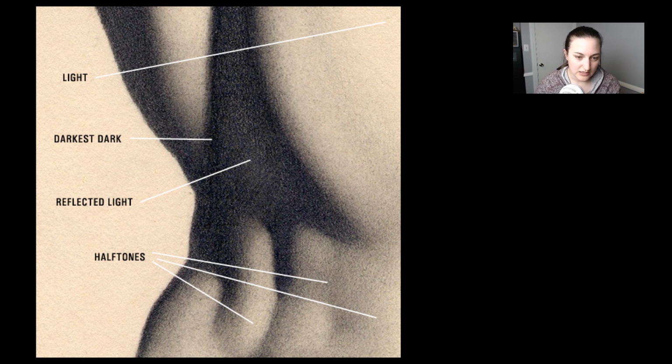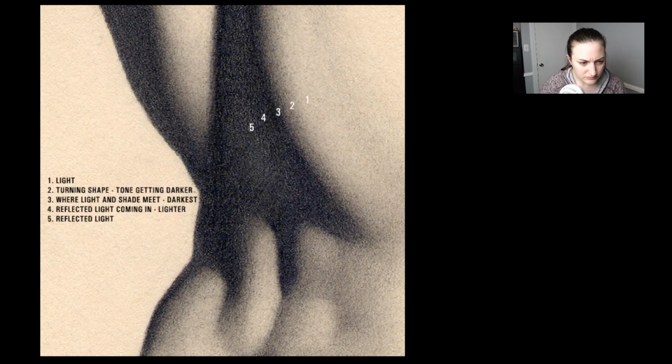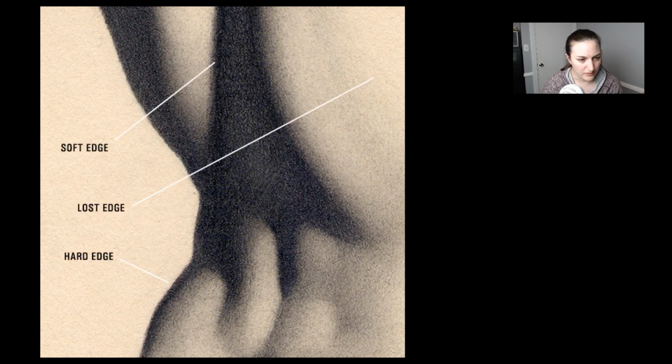So between light and a core shadow. There's that image from before. And here are some examples of those edges. So we have a soft edge where there is a slower transition, right, between light and shadow, or light and core shadow here.